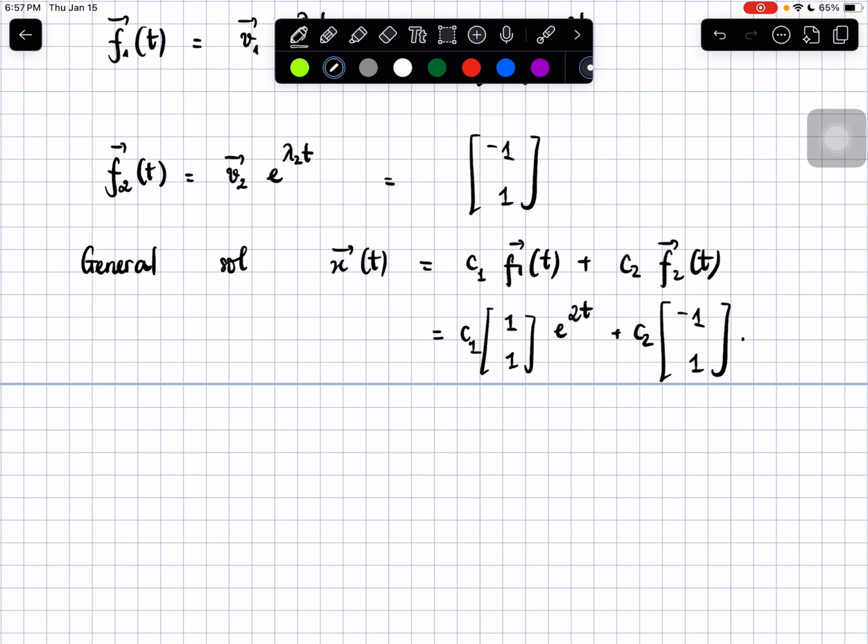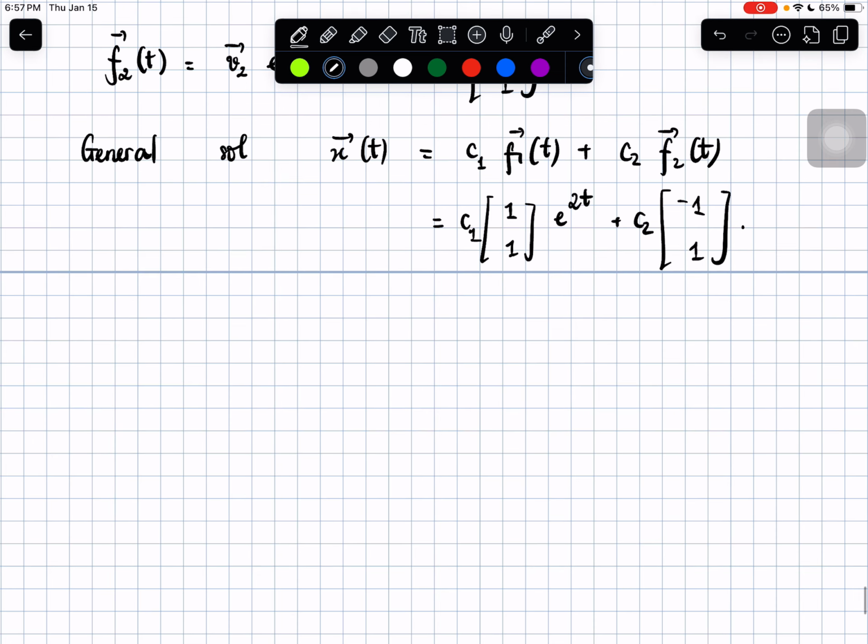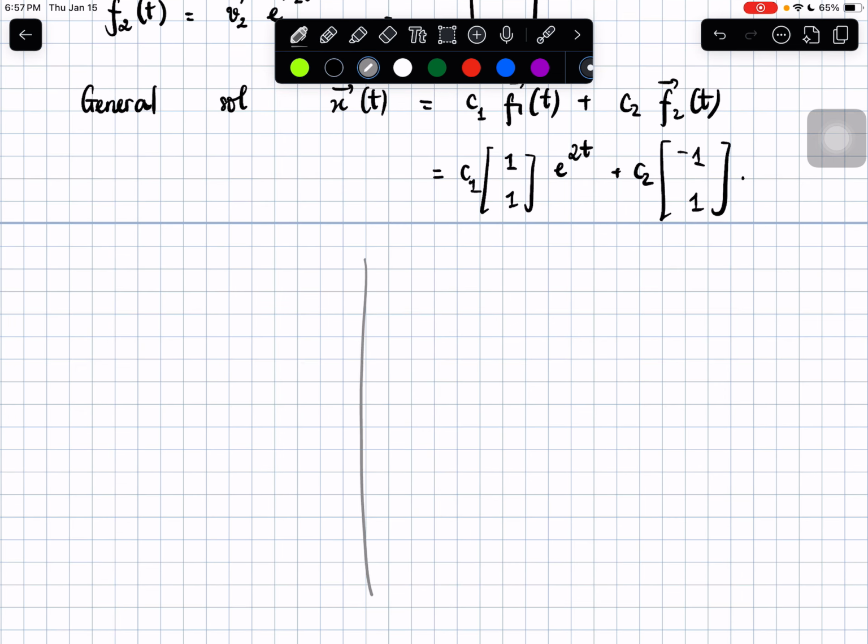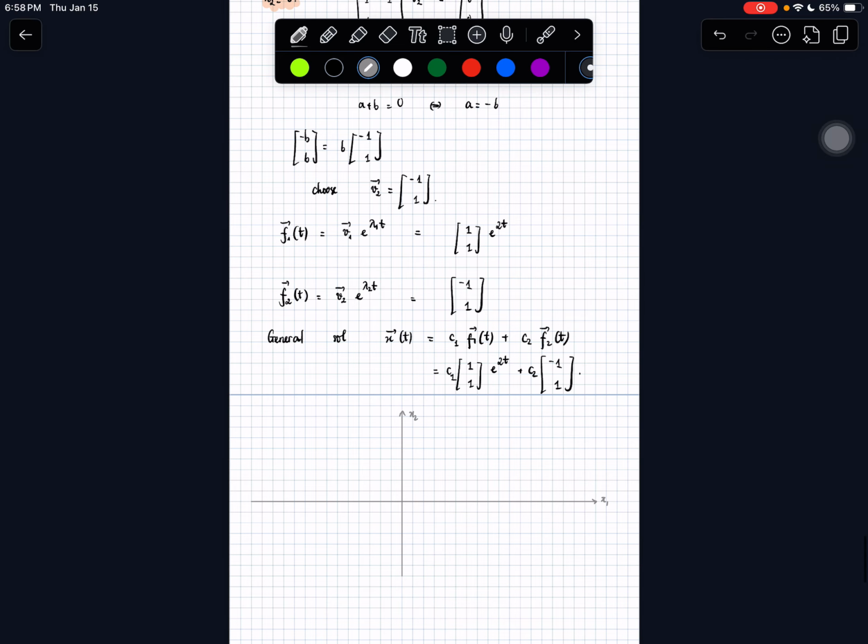Now let's sketch the solution curve. Just sketch a few trajectories. X1 and X2 axes with the two eigenvectors.